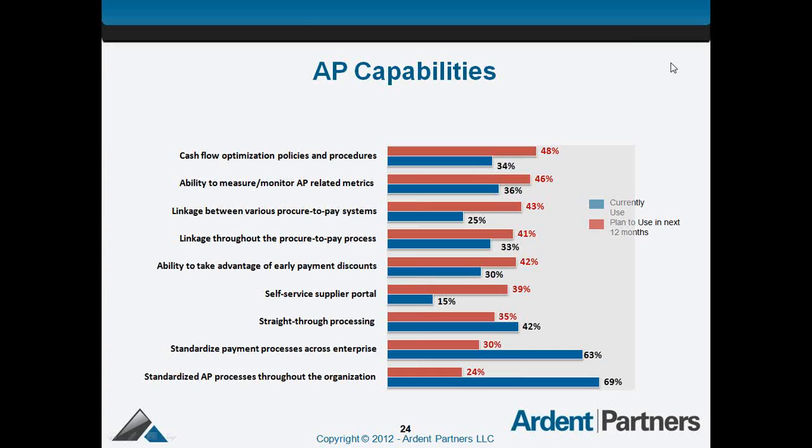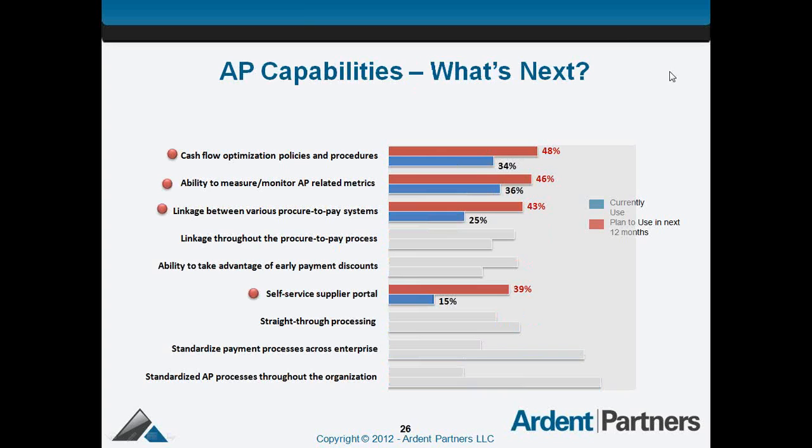And if we look at what's next, what's coming up over the next 12 months, organizations are really focusing their efforts on cash flow optimization, and this was quite a change from what we've seen in research conducted in years past.